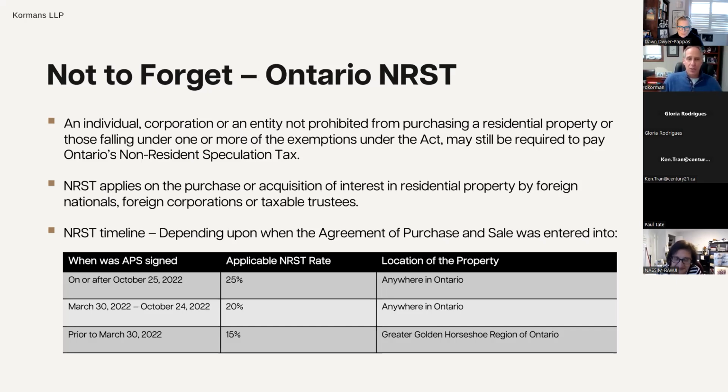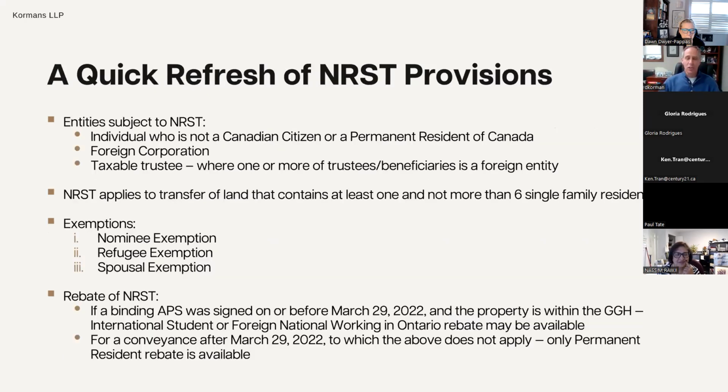Then in October of 2022, they increased it to 25%, still applicable anywhere in Ontario. So that legislation still exists. Different legislation, different terms, different rules. This is just a quick refresher summary of that NRST legislation.